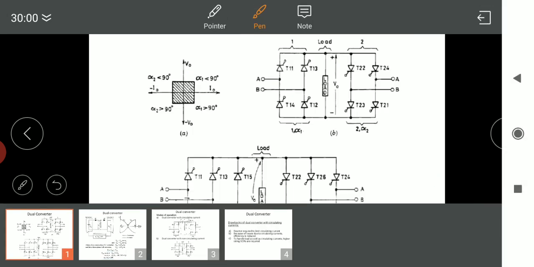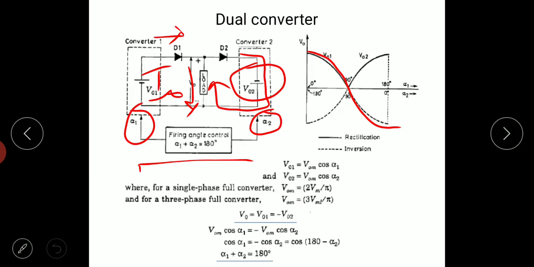We have written here, if we consider first converter, then its average voltage is V naught M cos alpha 1. V naught M is the maximum value, and V naught M will be 2 Vm by pi in case of single phase and 3 VML by pi in case of three phase. So this is the shape of V naught 1 voltage.